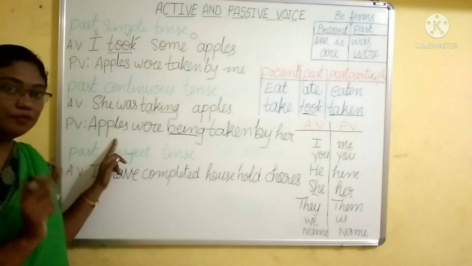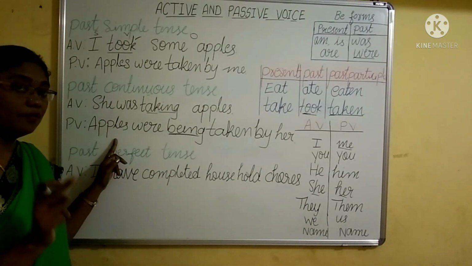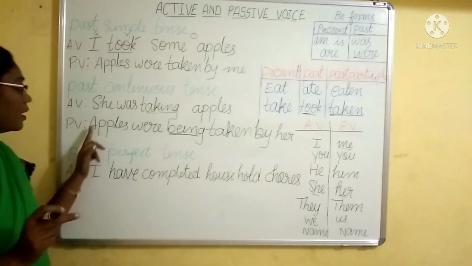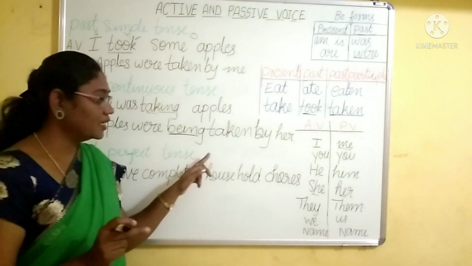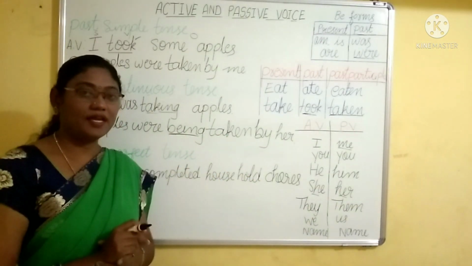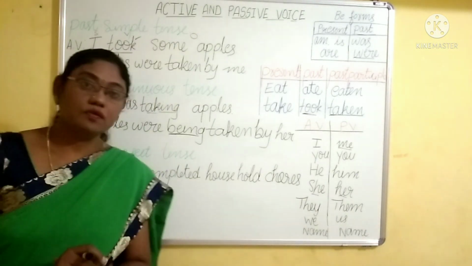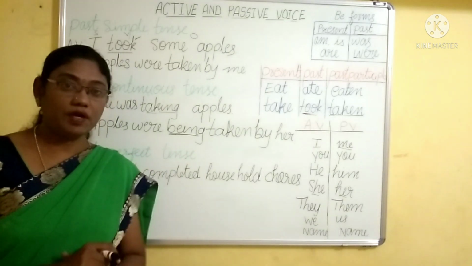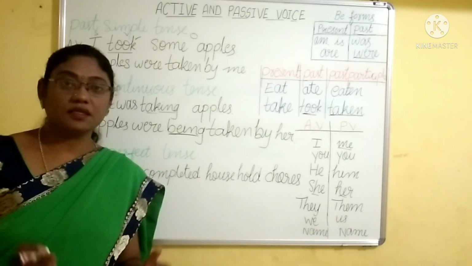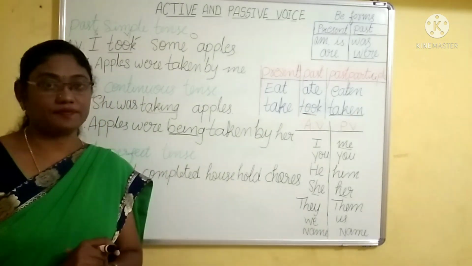If the subject is plural, we have to select the plural be form. Fine. Apples were being taken by her. Hope you understood. Now, let's move on to past perfect tense.